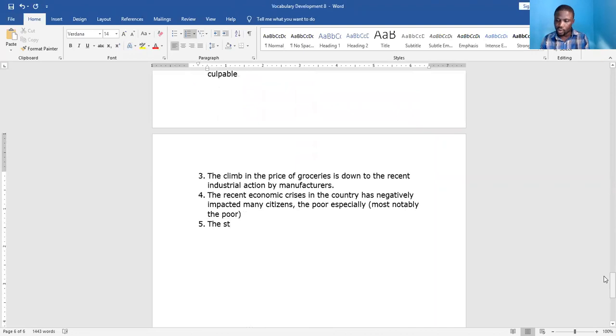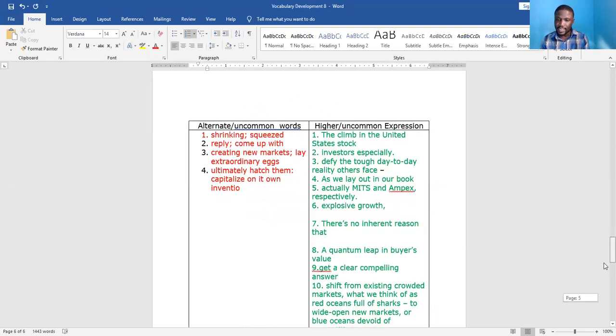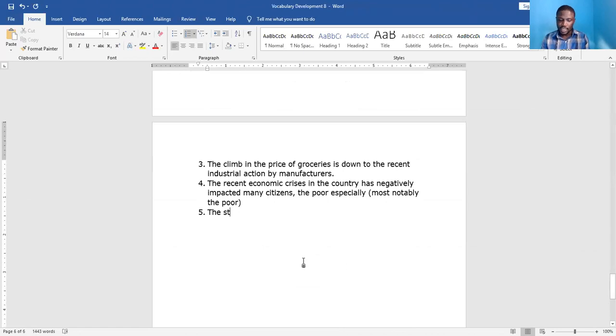I want to use defy the day-to-day realities others face. The strides the government claimed to have achieved as regards the economy defy the day-to-day realities of the common man, something that is contrary to what is on the ground.